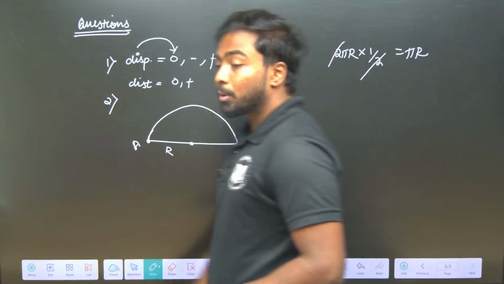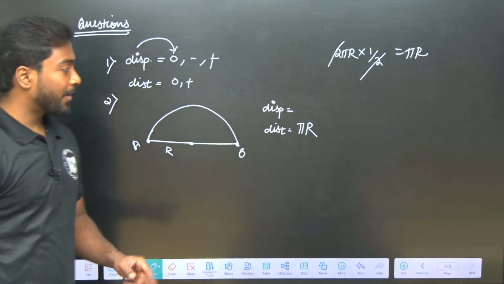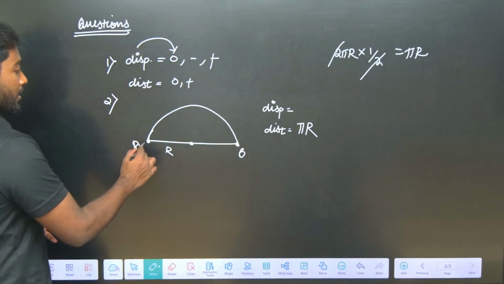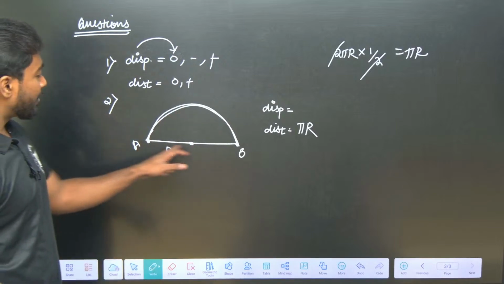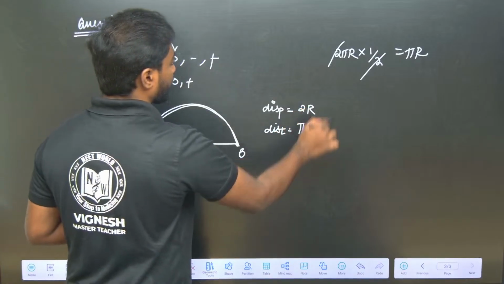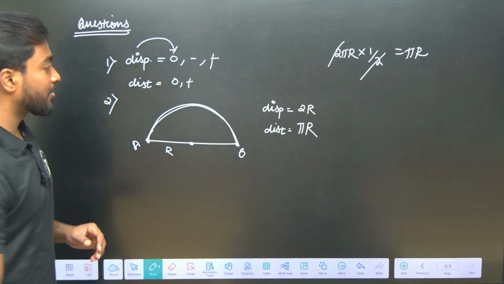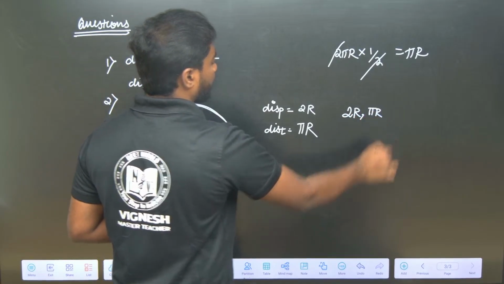So distance will be pi r, which is the actual path travelled, whereas displacement is the shortest path, that is 2r. So displacement and distance are 2r, pi r.